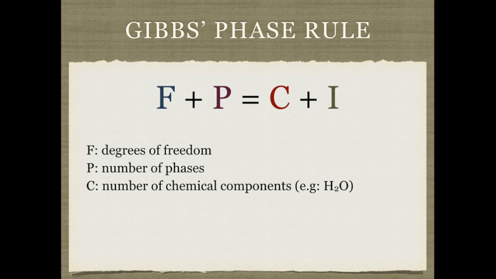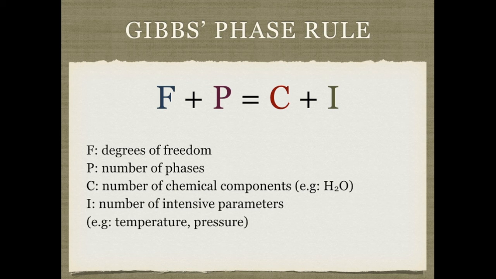C is the number of chemical components that can describe that system. For example, the phase diagram of water has only one chemical component, and that's H2O. H2O is all the components you need to describe every phase on the water phase diagram, so it only needs one component.